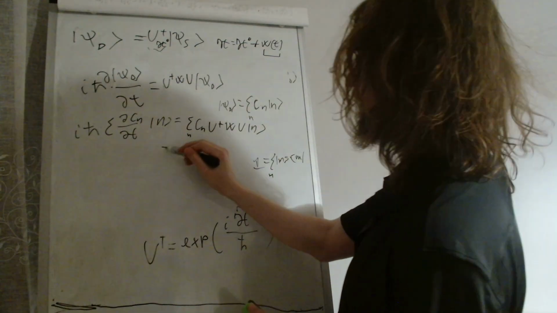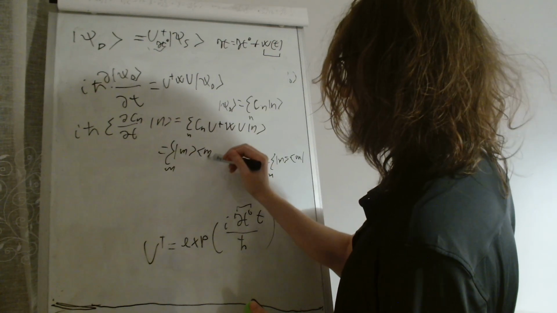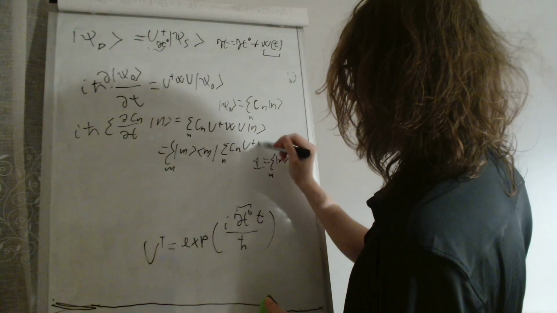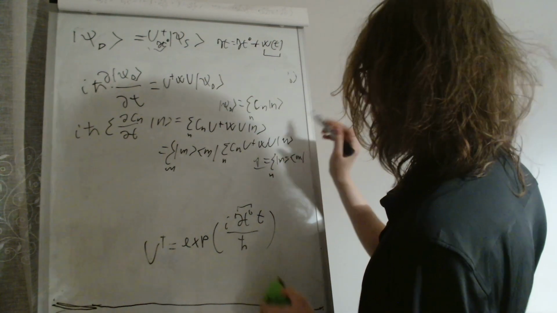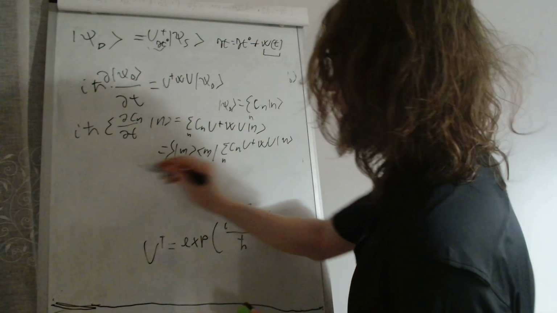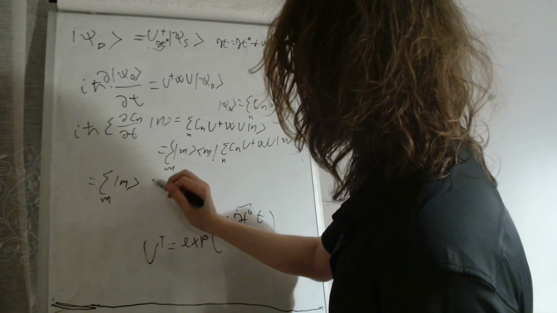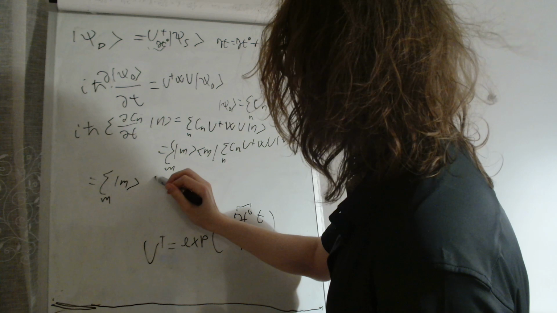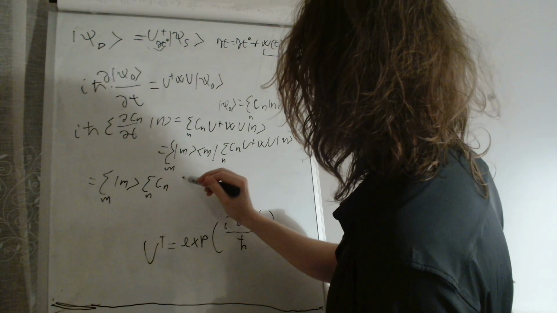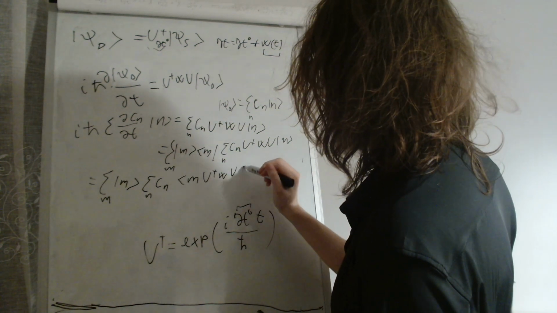So here I get the summation in m of this, and now I put this m inside here and I get the summation in n of Cn <m|U dagger W U|n>.